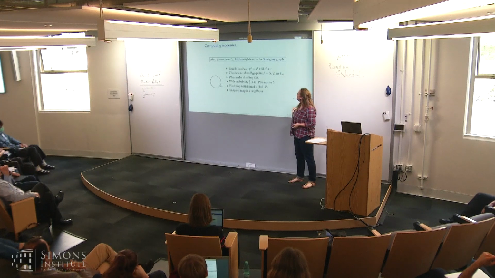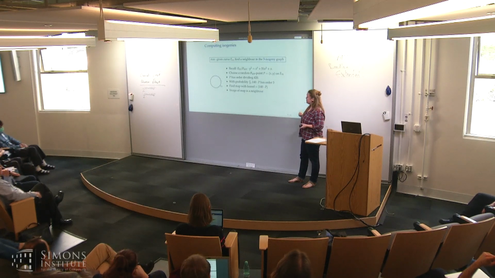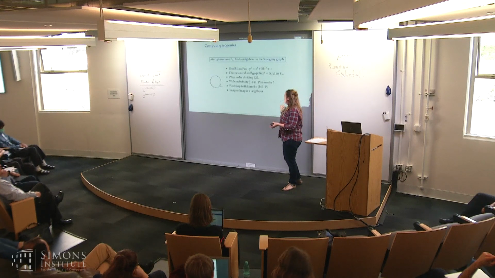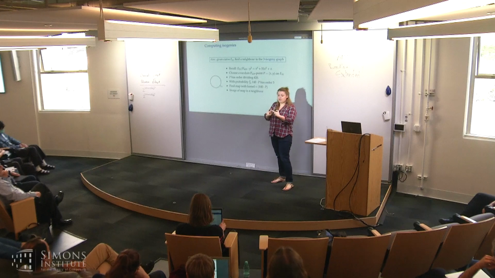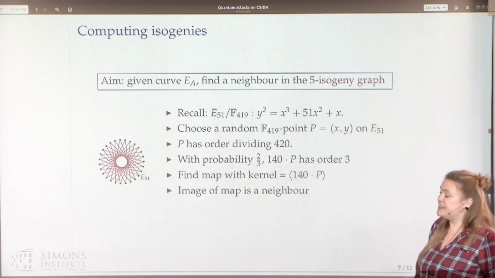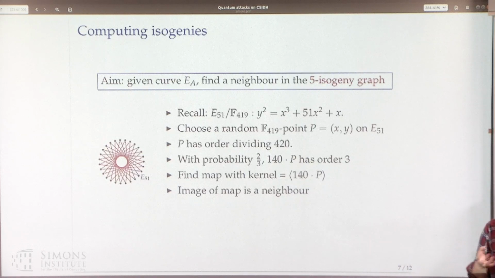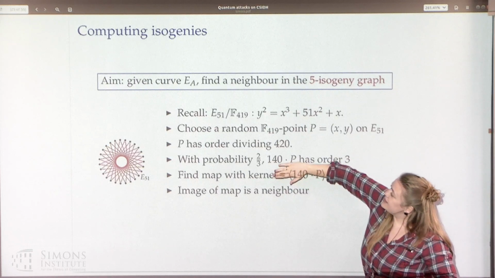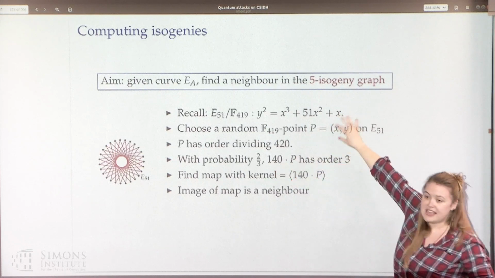We want to not only do this for 3 isogenies, we want to do it for other isogenies, but exactly the same game will work for the other 2 examples that we had, that was 5 and 7. Okay, so this was the 3 isogeny graph. Here's the 5 isogeny graph. So we want to find a neighbor on the 5 isogeny graph. What do we do? Well, up until here, it's going to be exactly the same, right? We're not using 3 anywhere here.